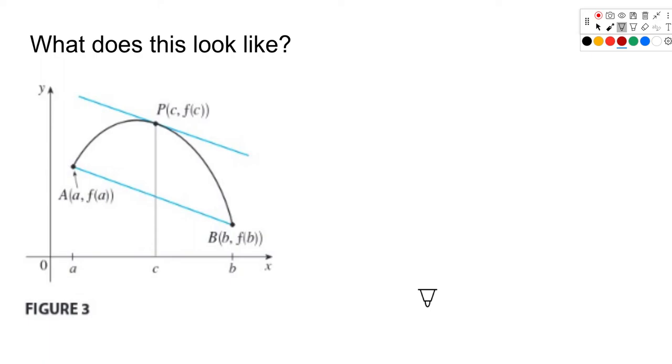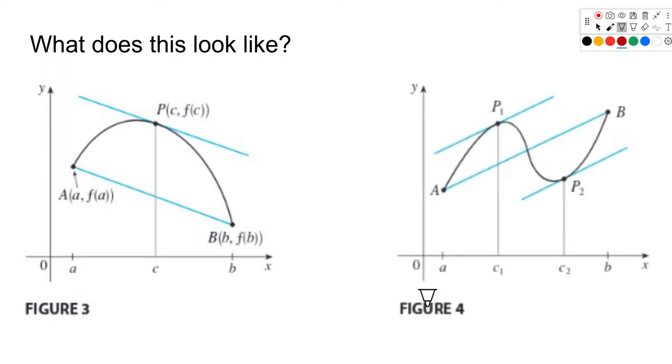The other blue line that's parallel has that same slope. It's coming from the derivative. It will occur at least at one point, but it could occur at more than one point, such as this one. You go up and down, so there could be more than one place that it happens.